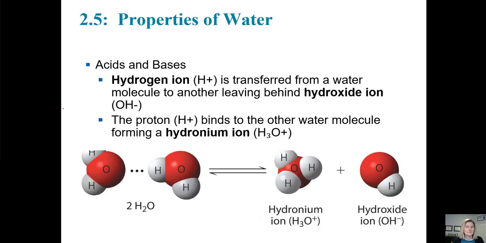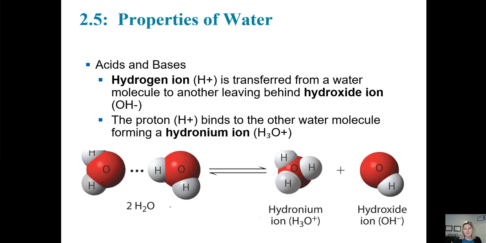Okay. So this gets us to something called an acid versus a base. Acids and bases are how our water is going to be binding to the dissolving agent, that solute, and reacting with it. So our water molecule, remember, wants to bind with hydrogen bonds, and it can undergo a reaction in the process.